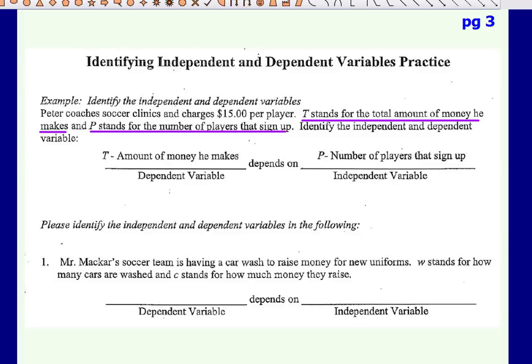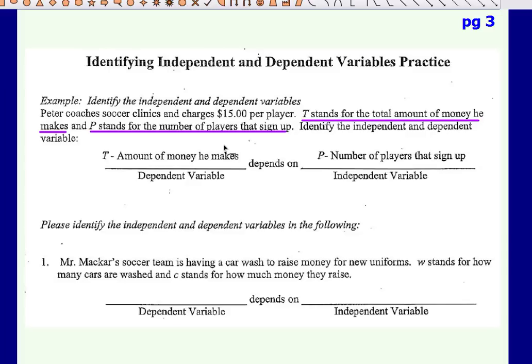Okay, so go back to the independent variable. What can freely change? Which variable can we freely change the numbers of? Can we freely change the total amount of money he makes? Or can we freely change the number of players that sign up? P, we can freely change the number of players that sign up. There could be 3 players that sign up. There could be 10 players that sign up. There could be 25 players that sign up.